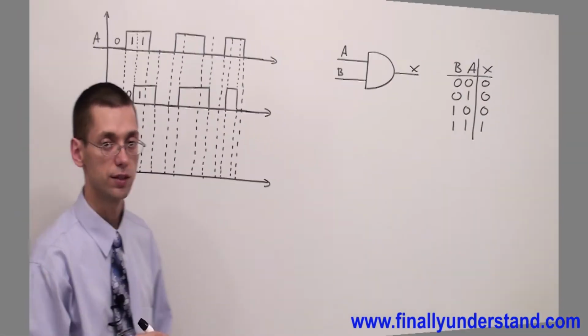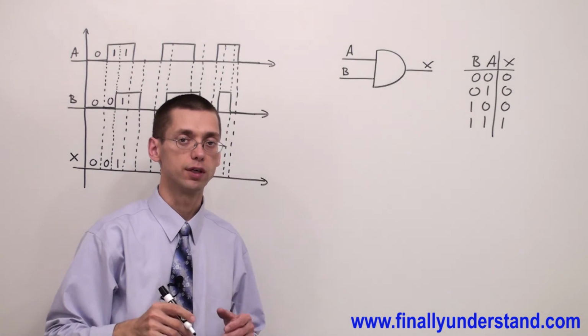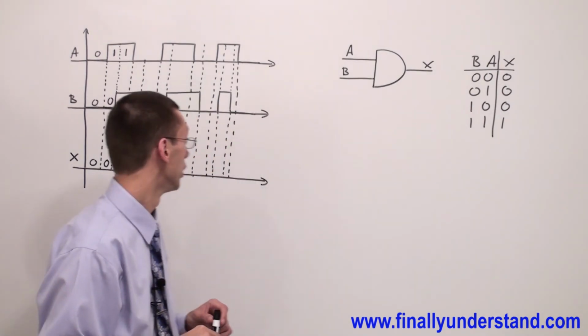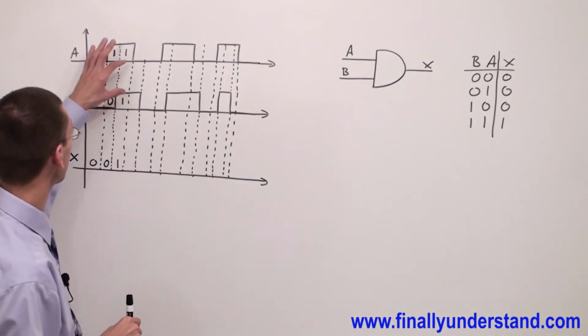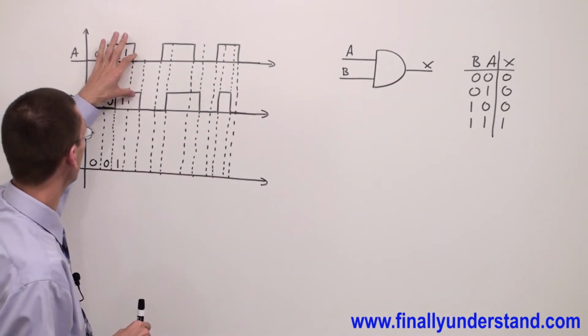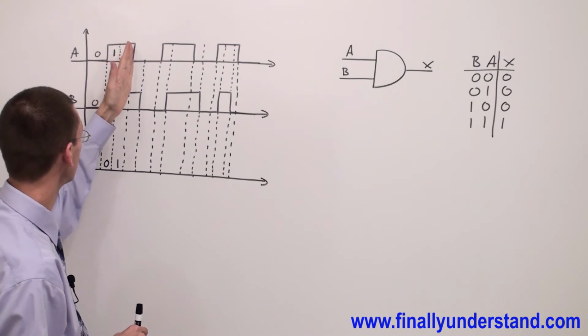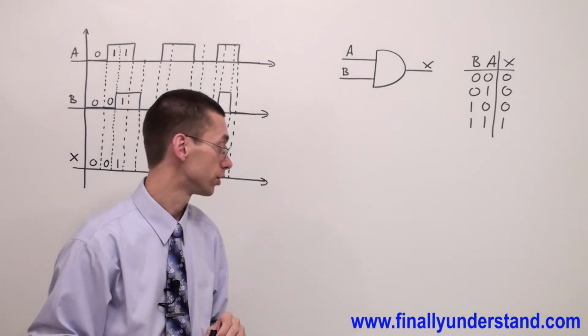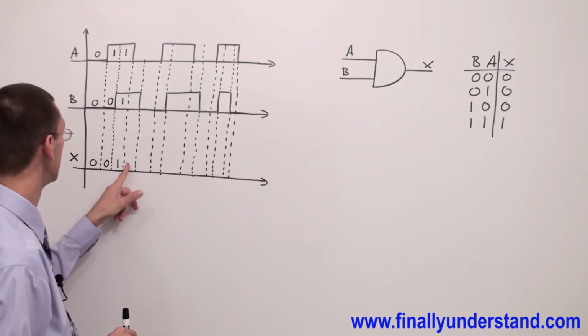Please notice that if you draw the dashed lines, you are going to create the columns. And if you compare the logic levels of both waveforms in a particular column, you are going to very easily find out what you are going to obtain at the output.